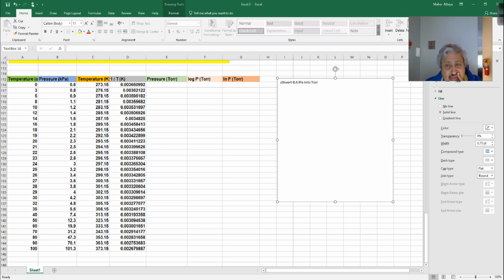Okay, guys. Kilopascal is an SI measuring unit, and the torr is metric. So I'm going from the SI system to the metric system.